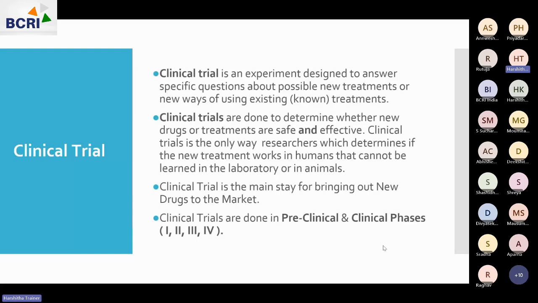Just because a drug has completed its preclinical research, we cannot sell that drug in the market yet. The drug has to undergo clinical trials involving human participants, and then it can be released into the market.